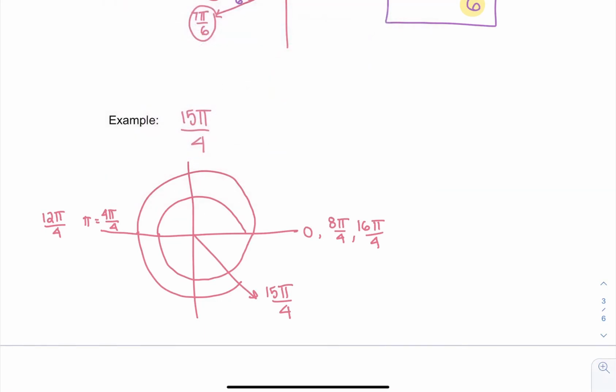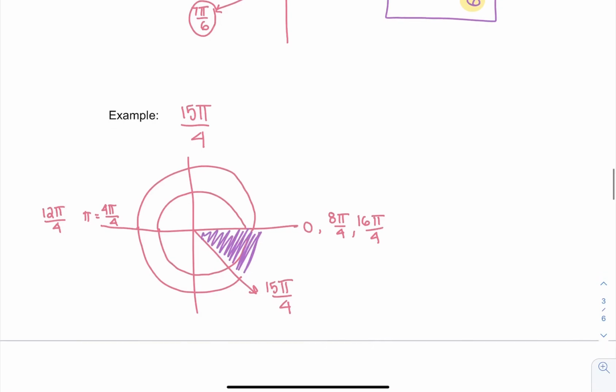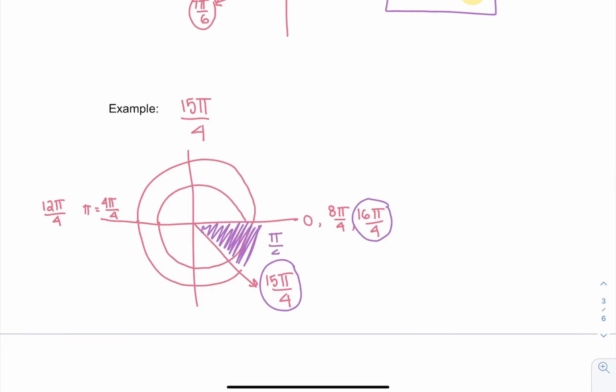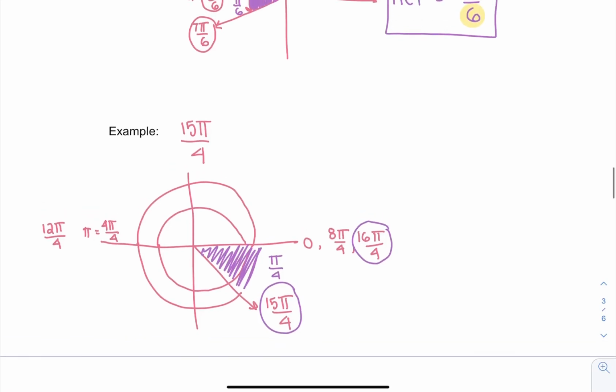Well, how far away is 15 pi over 4 from the x-axis? The closest thing on the x-axis is 16 pi over 4. The distance between them is just pi over 4. So I don't want to make this sound more complicated than it really is. Remember, before we kind of didn't easily spot the reference angle.